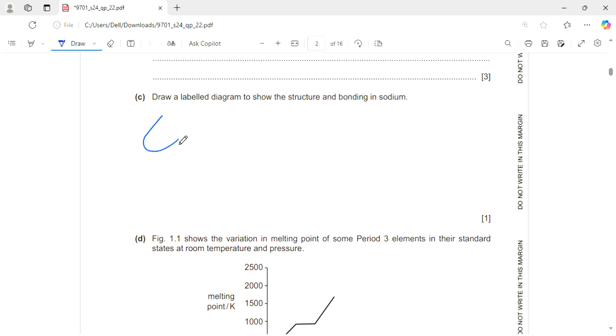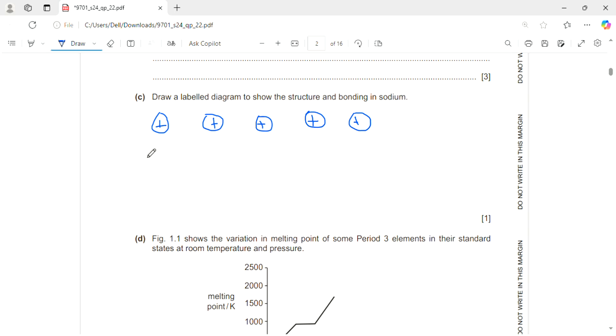So just draw the structure of the bonding in sodium. I'm not drawing it perfectly, so we don't have a proper circular object.